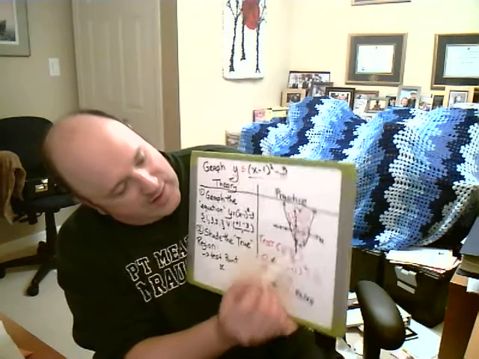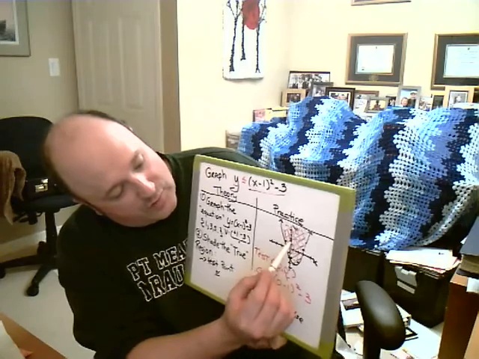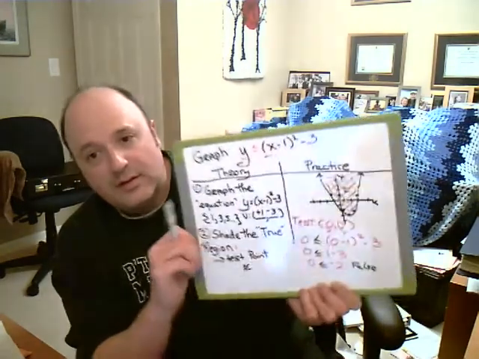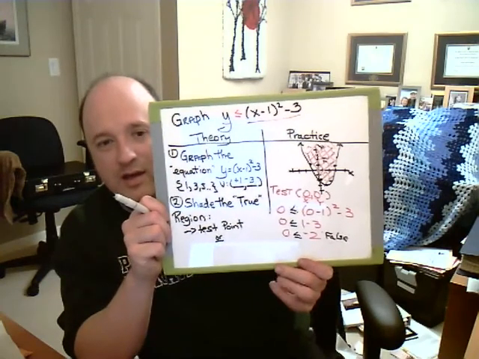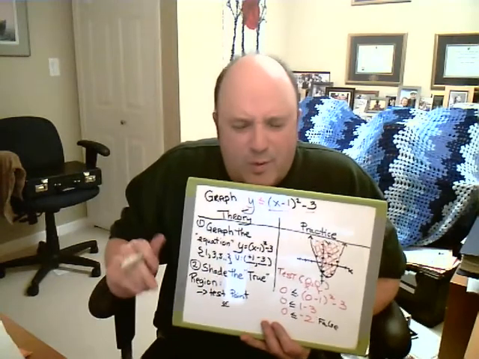And so in that case, this middle section would be empty, and you would shade the other region because you know that this one would be false, so the other region would have to be true. And so it's just a matter of plugging it in and checking it out. And if you do it this way, you'll never go wrong. It'll always treat you fine.